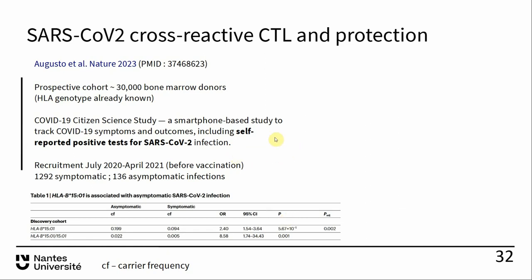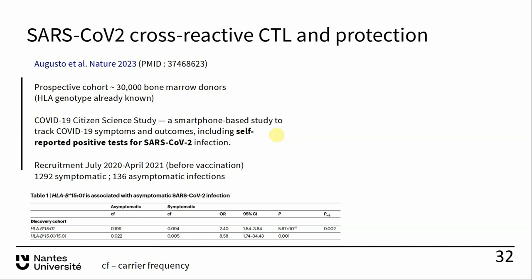Okay, so they reasoned that HLA-B15 is having an effect because it's presenting some kind of epitope from the SARS-CoV-2 coronavirus. And so they tested different peptides which displayed the binding motif to the HLA-B15 molecule.